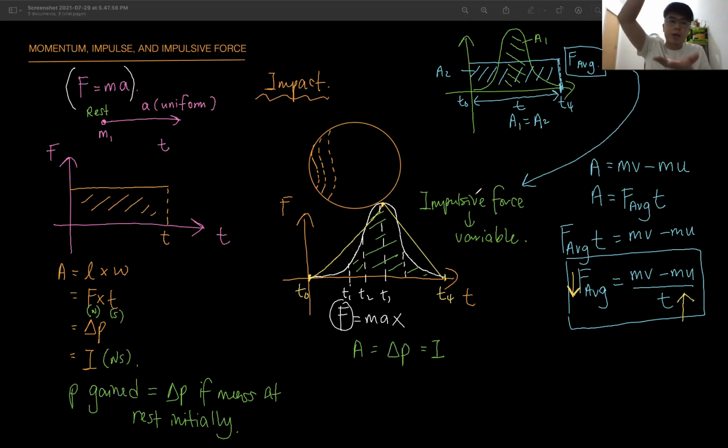Like in long jump. When you land on the ground, let's say without a mattress, you land on the ground directly. Because the ground is hard, meaning that the ground does not bend. It does not allow bending. The molecules inside are fixed, it is hard. It cannot deform.